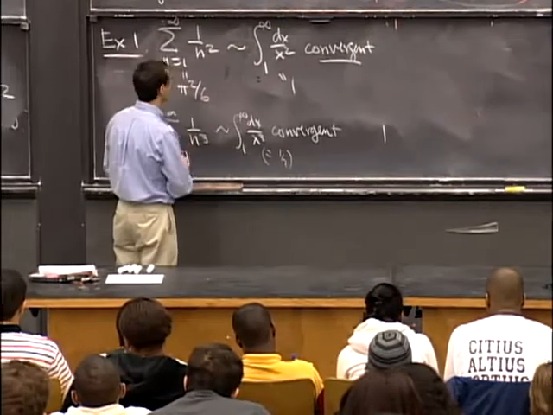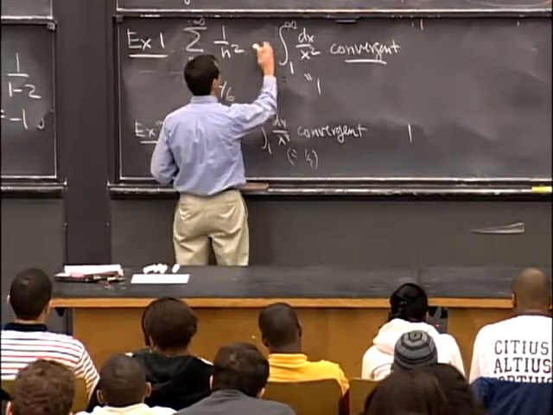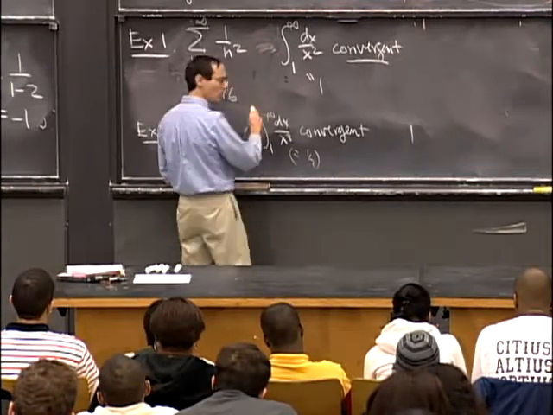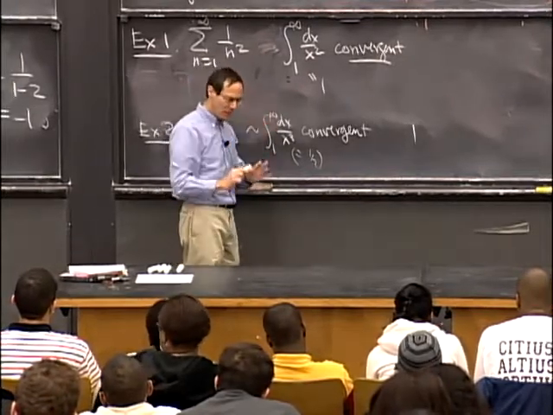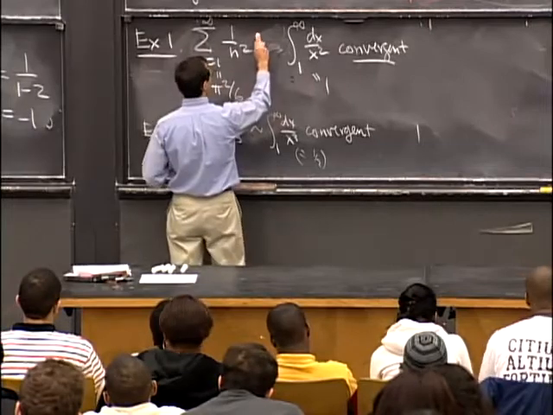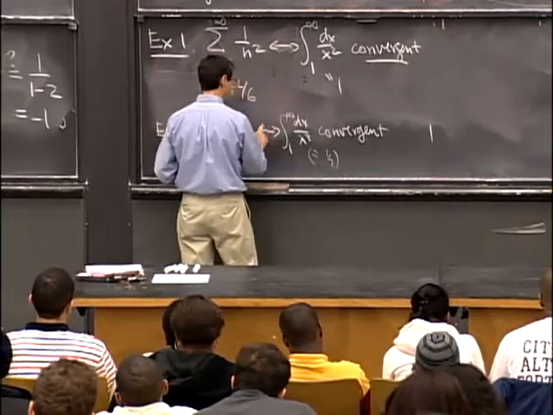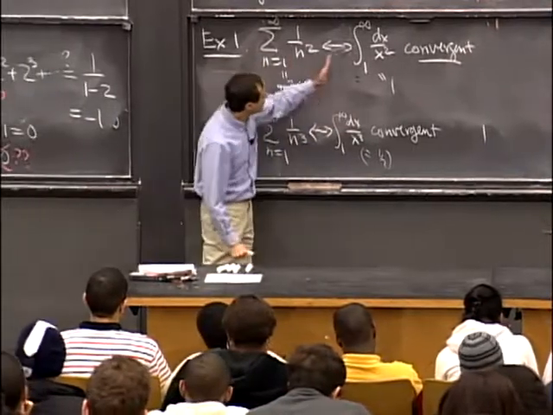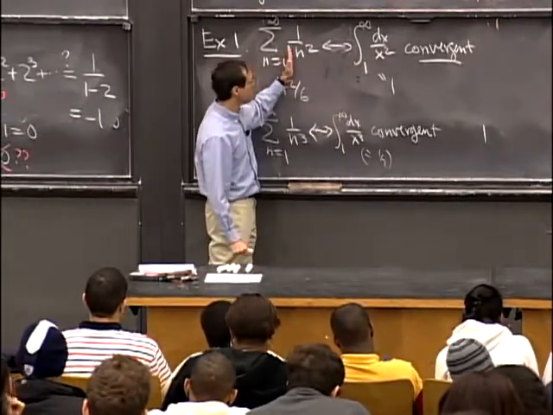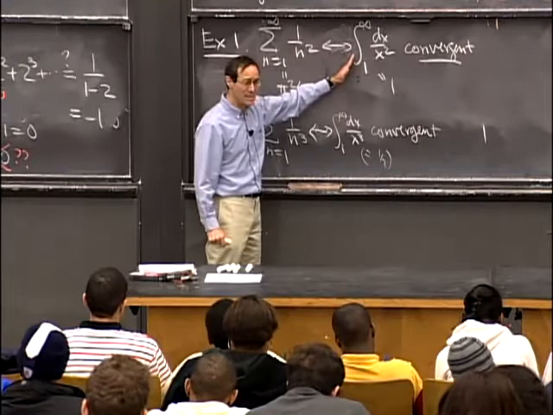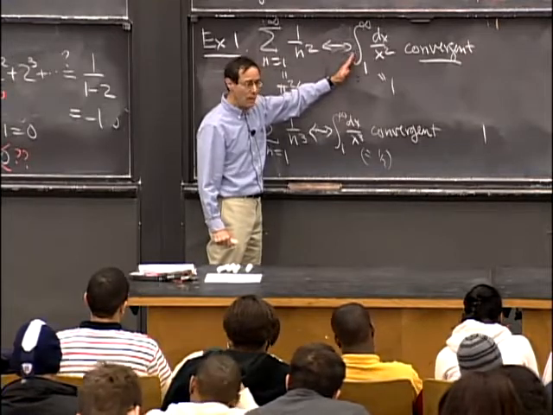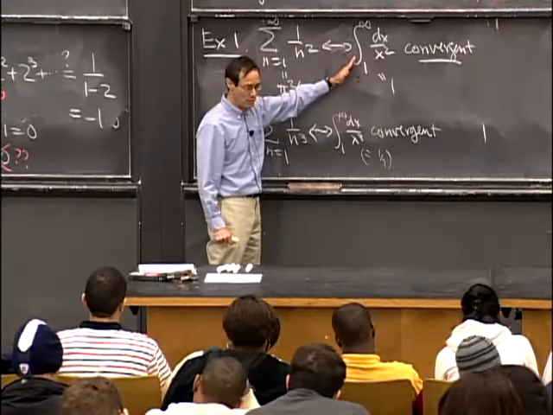I violated a rule of mathematics, which is that I used the symbol for 2 different things. I should have written this symbol here, all right? I'll create a new symbol here. The question of whether this converges or this converges, these are the same type of question. And we'll see why they're the same question in a few minutes.